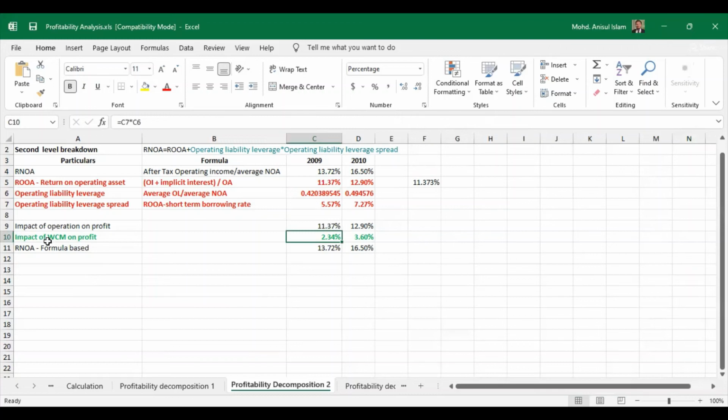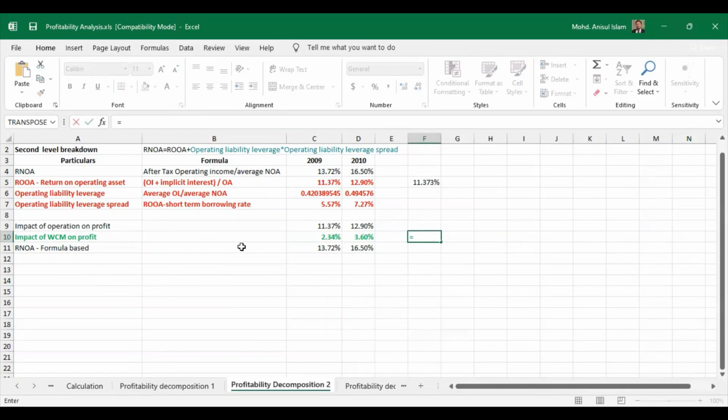Now, how can we compute this 2.34? We just took the difference: 13.72 minus 11.37, which is coming from the investment in operating asset.